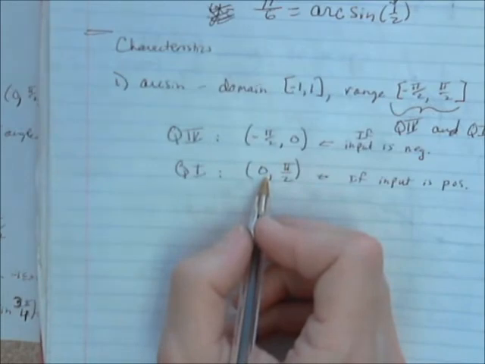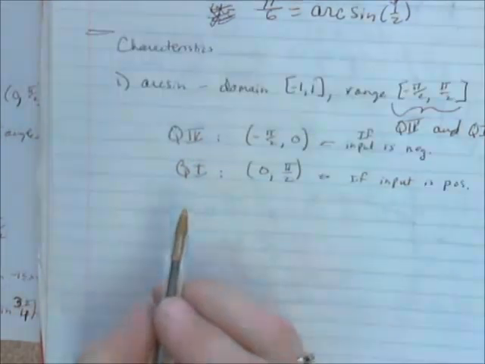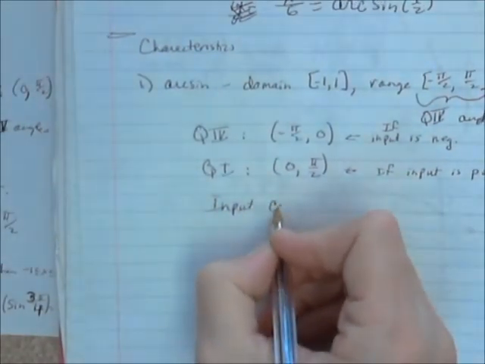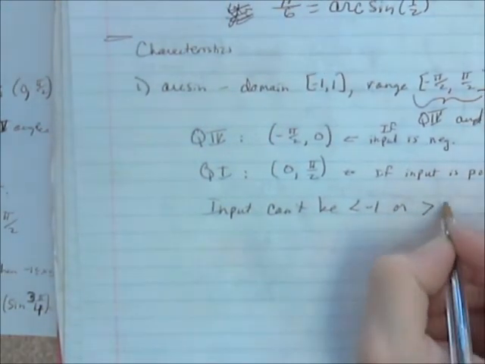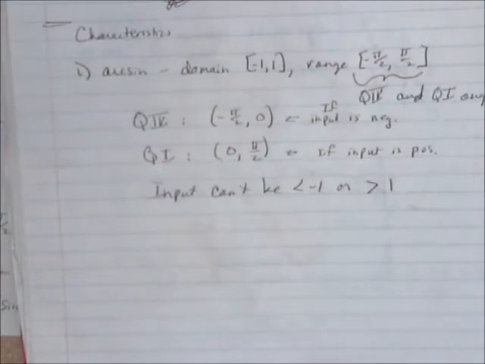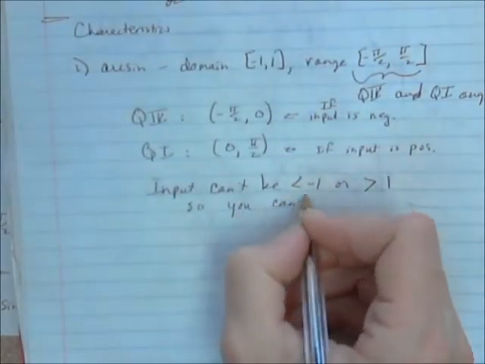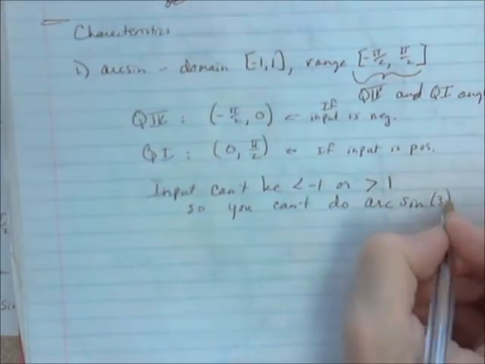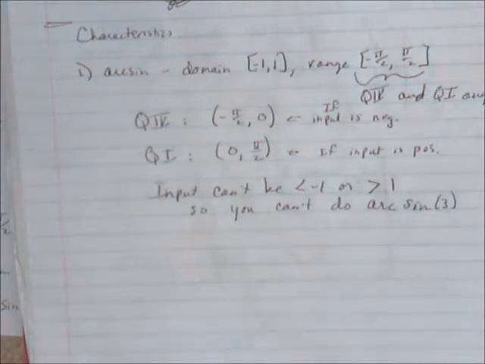The input cannot be less than -1 or greater than +1. So you can't do an arc sine of 3, for example, because there is no angle whose sine is equal to 3.